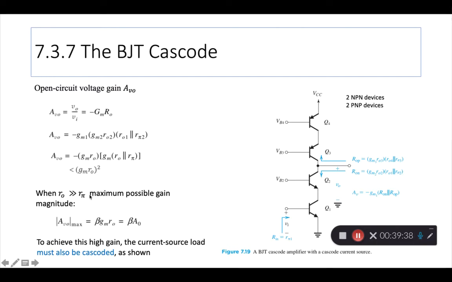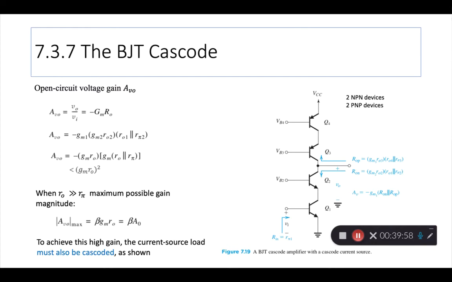When RO is much higher than R pi, that means the output resistance is much higher than the input resistance, maximum gain is possible, and the beta becomes a multiplier.